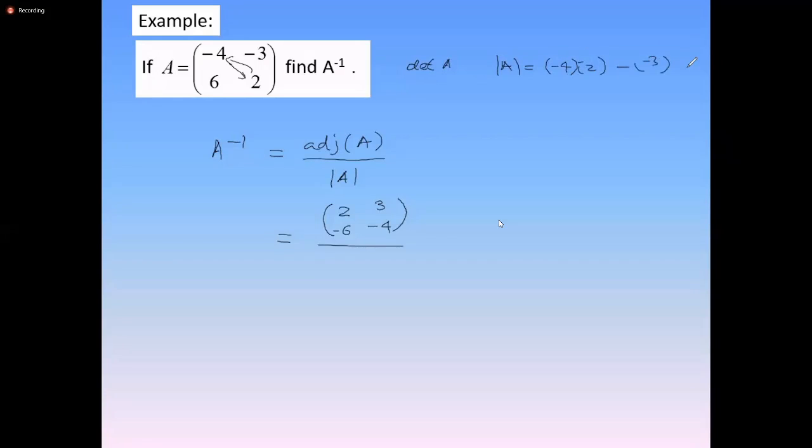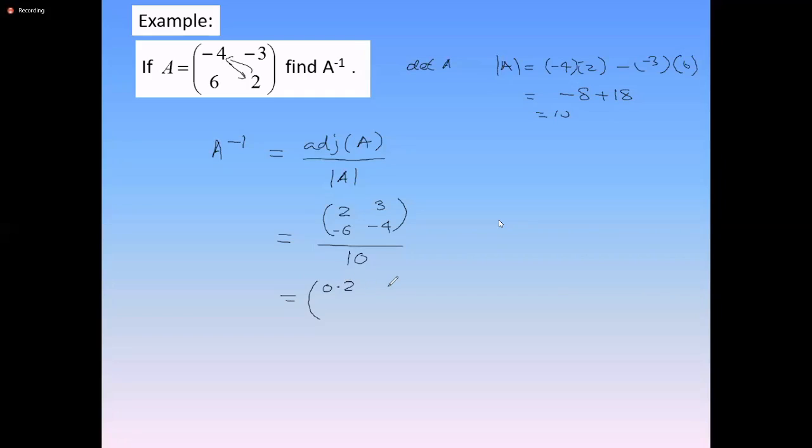Then -8 +18, then +10. Here 10 is the determinant. Divide by 10 or multiply by 1/10. So each and every element of the matrix above this line should be divided by 10.